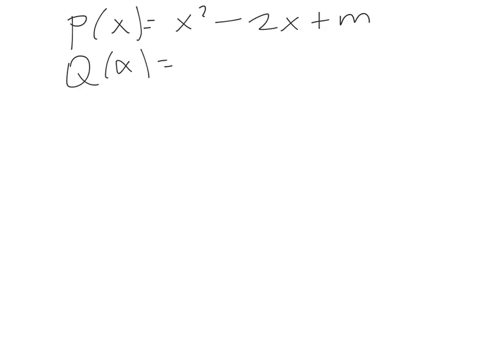Another problem, and let this be the last one, so you have a lot of things to do on the weekend, and I don't want to give you a hard time. P of x equals x squared minus 2x plus m, and q of x equals x squared plus 3x plus n.